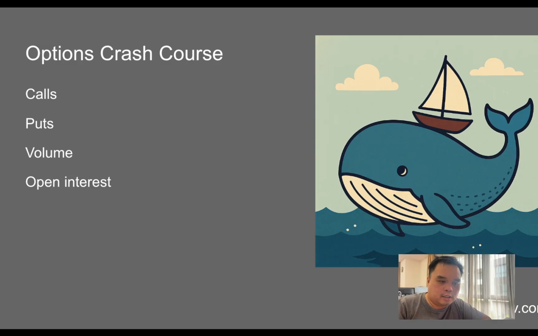So options are technically a contract between investors. Let's say investor A has 100 shares of Apple and he bought it at $100 a share for simplicity, okay? Investor A wants to sell and is wondering how to generate income from it. So enters investor B, who wants to buy Apple, but is doubtful that Apple is going to climb in his favor.